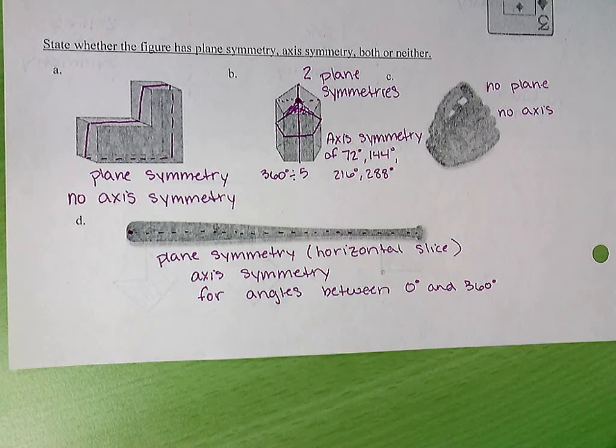You could rotate it 32 degrees and get it all the way around. Okay, so that's why this is all angles between 0 and 360 degrees. So if you see that circular piece, it's going to be between 0 and 360. Okay, questions on plane symmetry or axis symmetry?